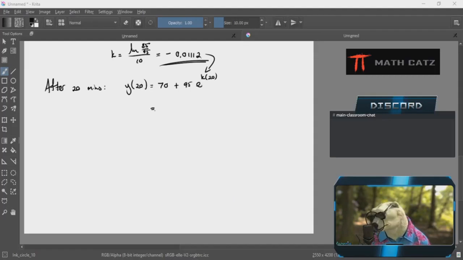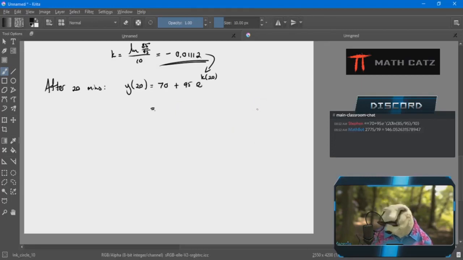I want to be as accurate as possible, so I'll use the log 85 over 95 version, and that was divided by 10. Like so. And I get an answer of 146.05. So after 20 minutes, it'll be approximately 146 degrees.